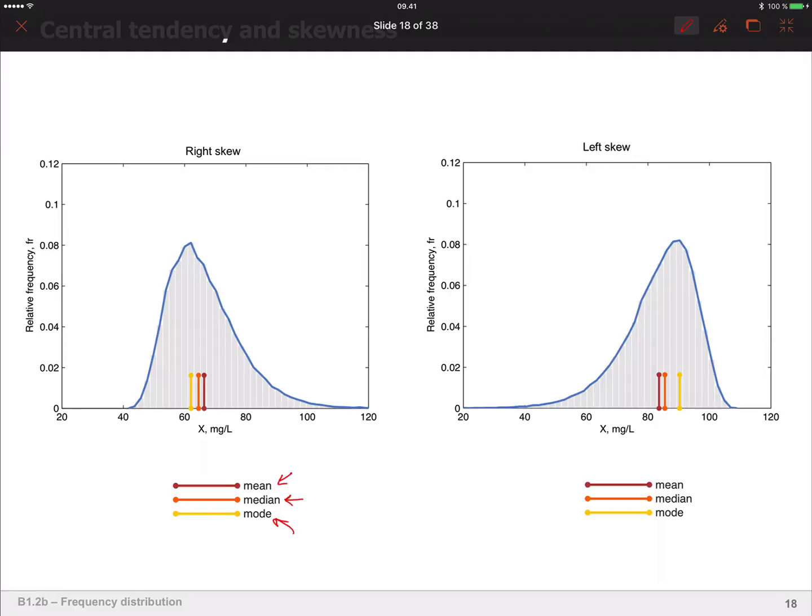So you can see that if you have a right skew, so you have a heavy tail, it's not that bad, but still we have some heavy tail on the right, okay? You can see that the mean is getting attracted by this heavy tail. So mean is very sensitive to this kind of outliers. They sort of pull the mean in this direction. Then you have median here, and then you have mode here, okay?